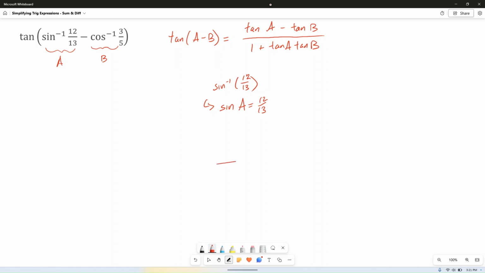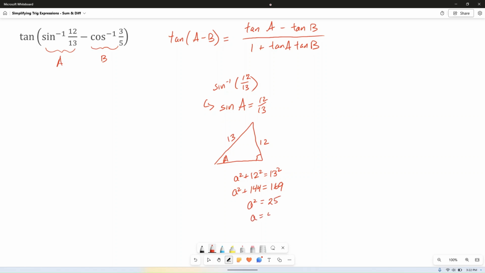So I could draw a right triangle with an acute angle A, and the opposite side would have a length of 12, and the hypotenuse would have a length of 13. That means I can use the Pythagorean theorem to figure out the missing side. So a squared plus 12 squared has to equal 13 squared, which means a squared plus 144 equals 169, which means a squared is equal to 25.